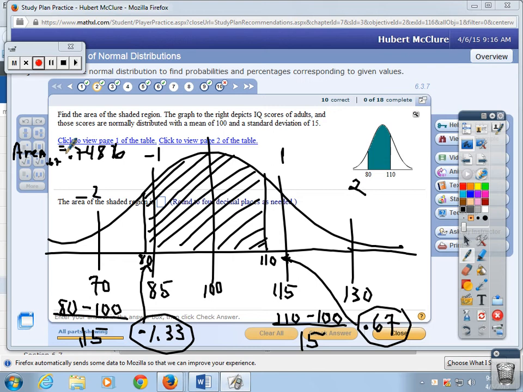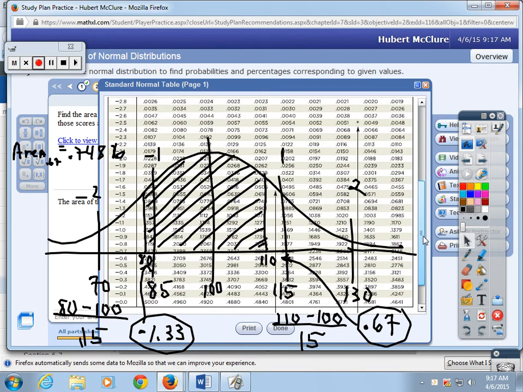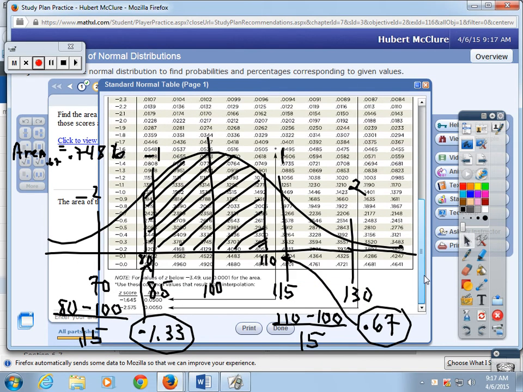The area for negative 1.33: negative 1.30, 1, 2, 3. I got 0.0918. Somebody check me. 0.0918.